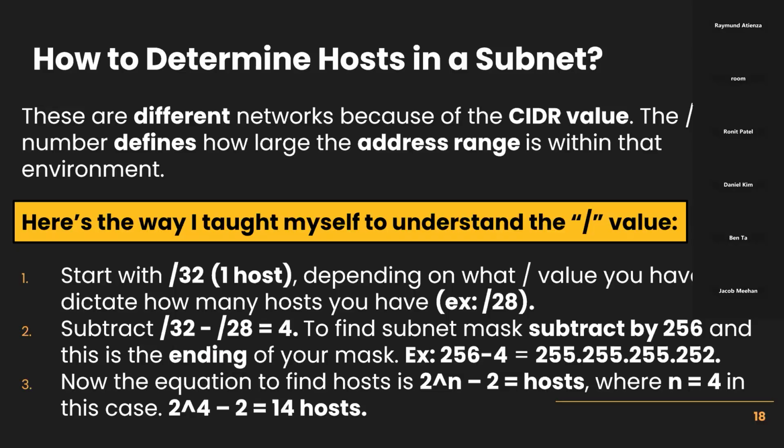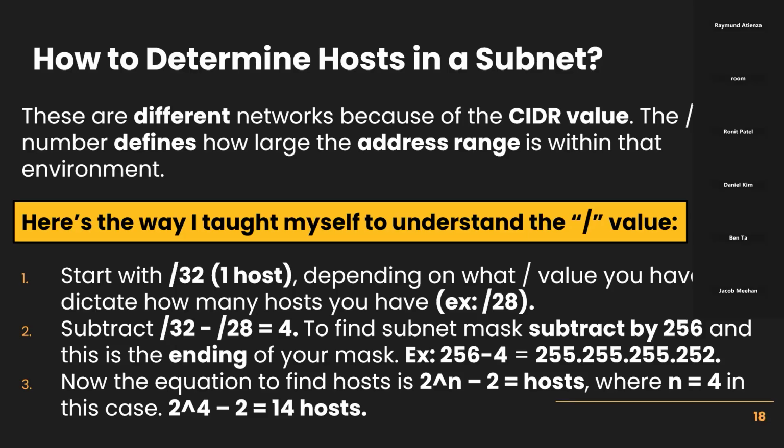All right, so here's how I taught myself how to do it. First I start with a slash 32, which is a one host group. What that means is there's literally one address in the whole thing. 192.168.1.0 slash 32 would mean your only address you could use is 192.168.1.1.